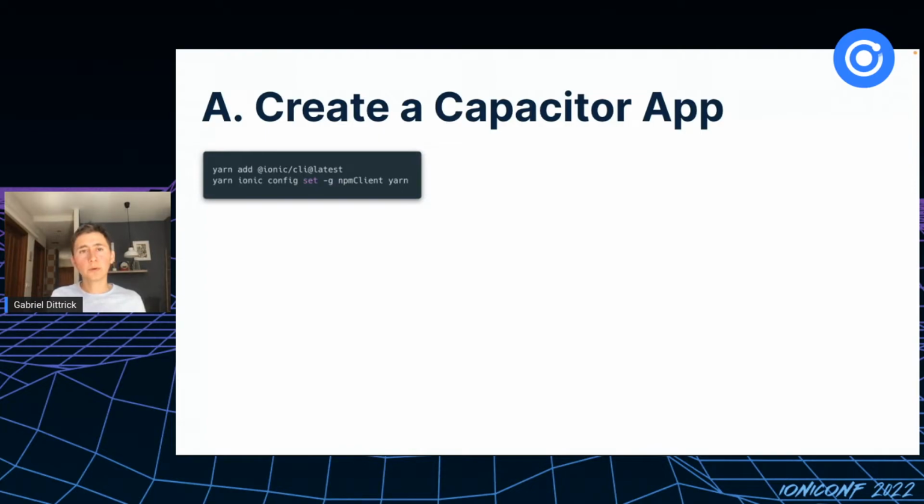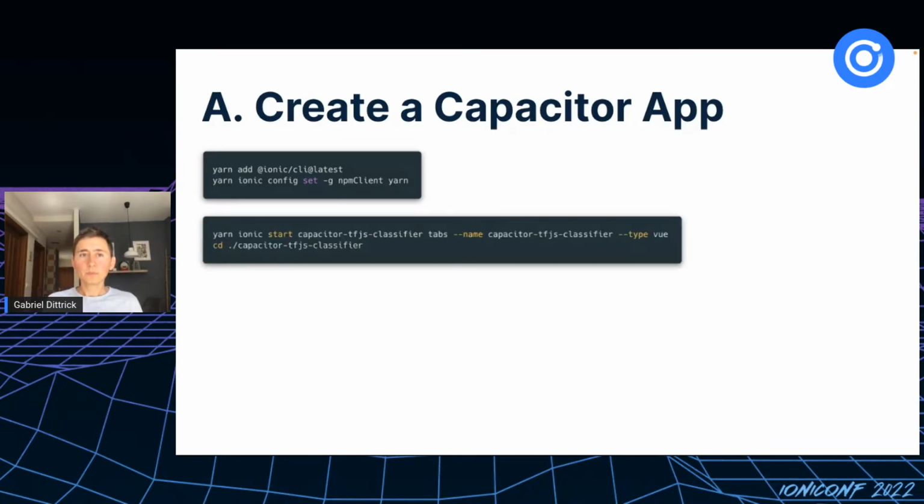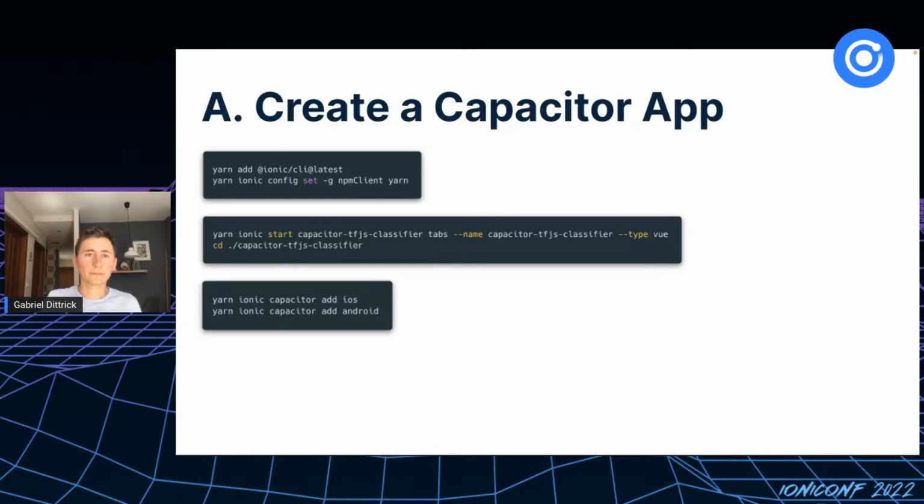For this, we will be using the Ionic command line tool, and we will be using Yarn as our package manager. The first thing we're going to do is build a Capacitor app template with the Ionic CLI. This will be a template that has tabs as the navigation, and it will use Vue as the front-end framework. We're just using the Ionic CLI to build it.